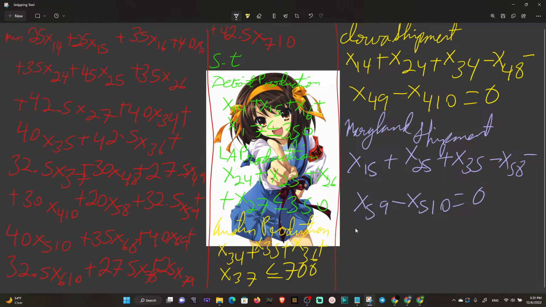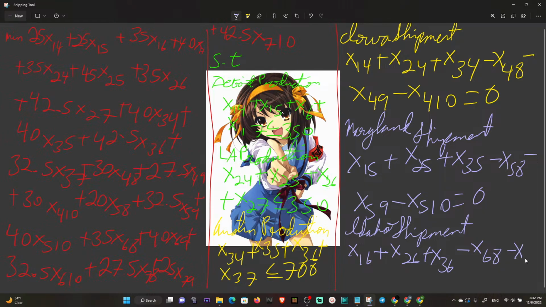And then we have the Idaho shipment, which will be x16 plus x26 plus x36 minus x68 minus x69 minus x610 is equal to 0.